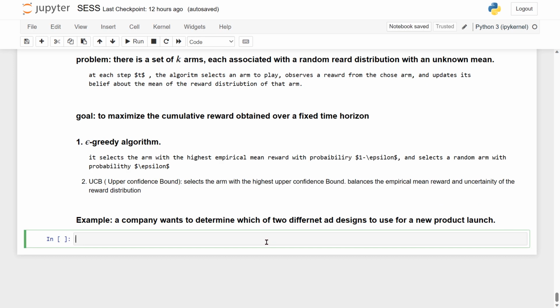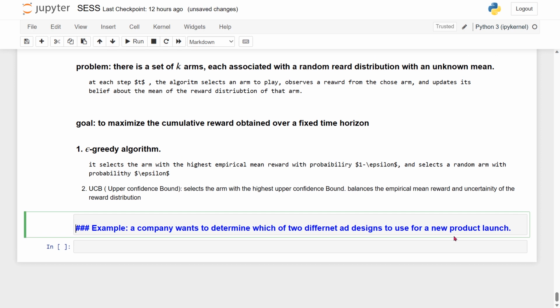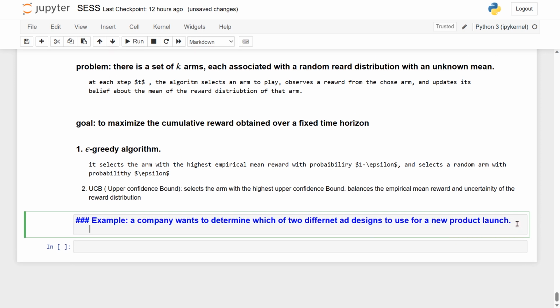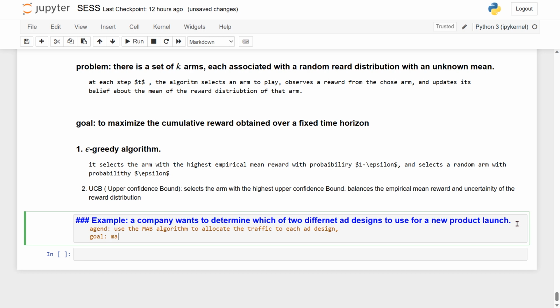They decide to use a multi-arm bandit algorithm to allocate traffic to each ad design with the goal of maximizing the click-through rate, CTR.